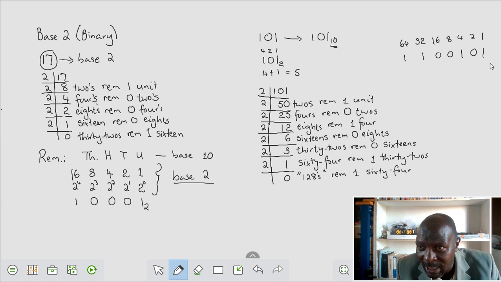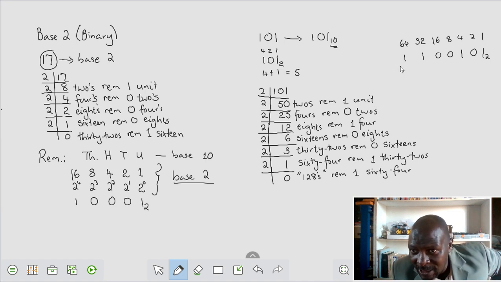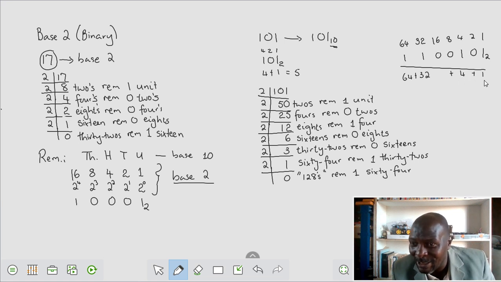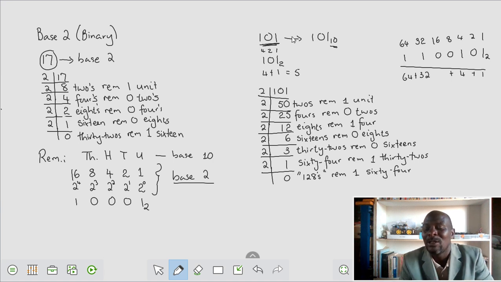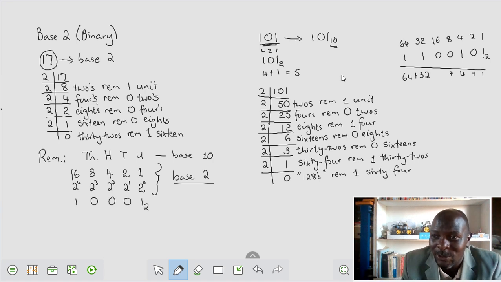If we sum those up, we've got 1 times 64 plus 32 plus 4 plus 1. 64 plus 32 is obviously 96. 96 plus 4 is 100. 100 plus 1 comes back to our what? Our 101. Wow! We need to give ourselves a round of applause. That was nice and easy.